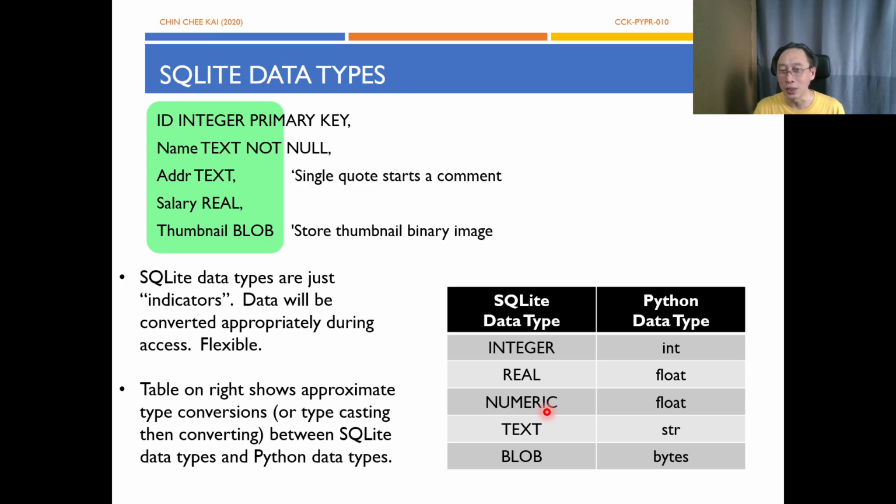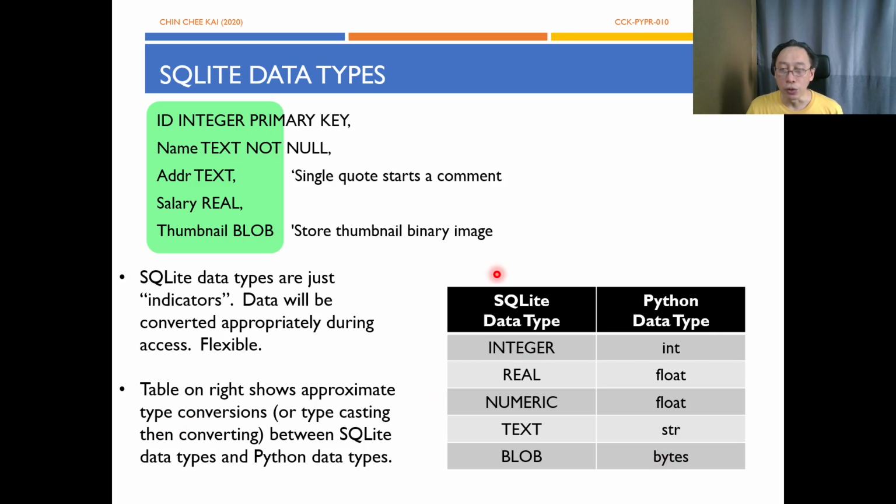We're not always sure, but by and large we can think of the equivalent translation. Integer means int, real means float, numeric means float, text means string, blob means bytes, right? Basically the uninterpreted 8-bit storage units.